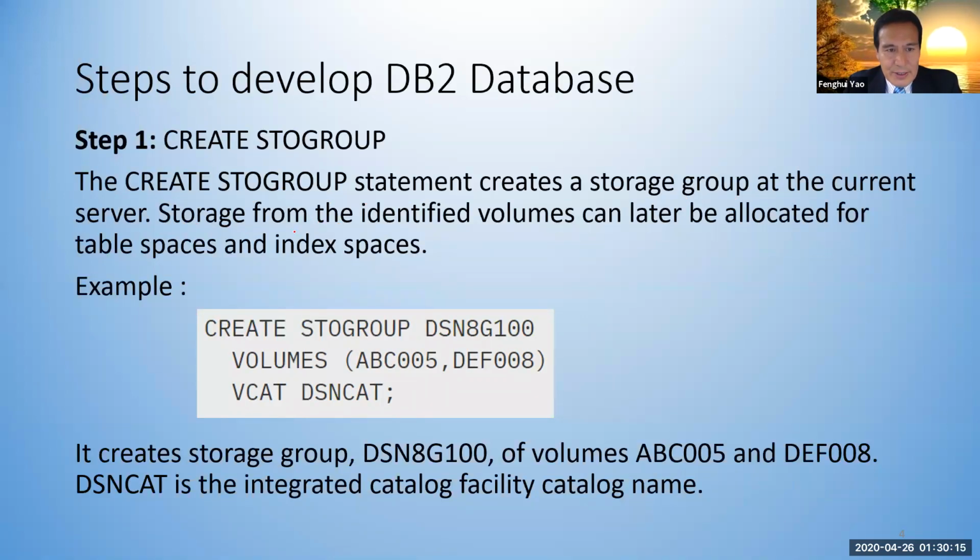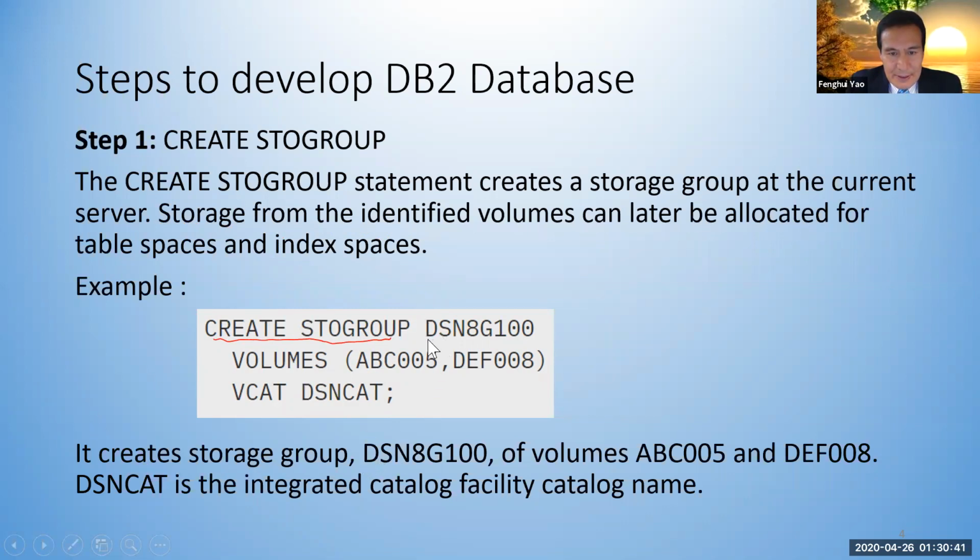The storage from the identified volumes can later be allocated for table spaces and index spaces. Here is an example to create a storage group. It creates a storage group.